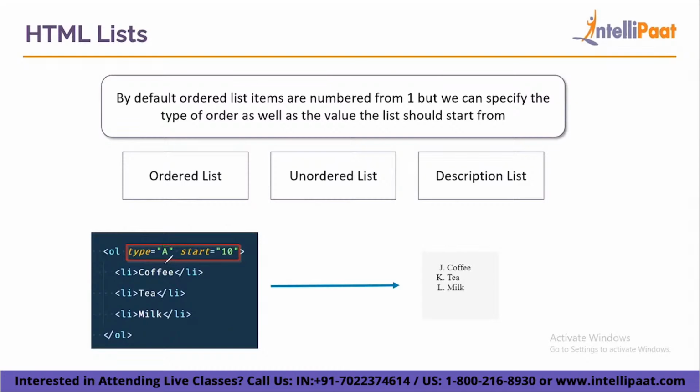Here you mention however you want to display the data, and next it says start equals 10. Let me annotate here. First it will take A, B, C, D, E, F, G, H, I. As of now this much is enough.